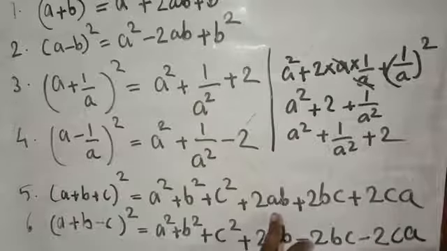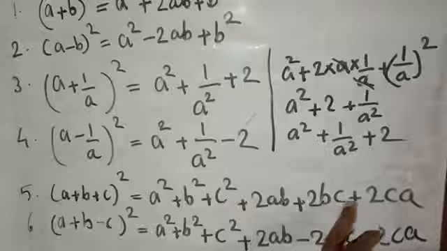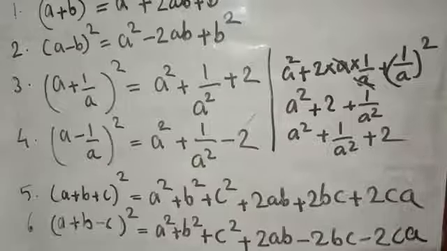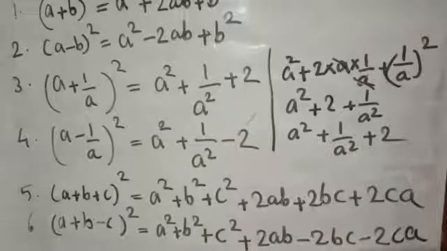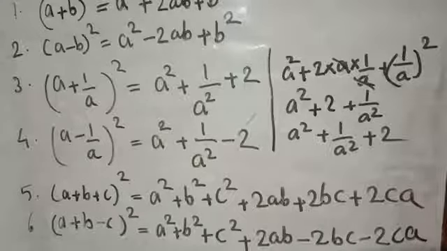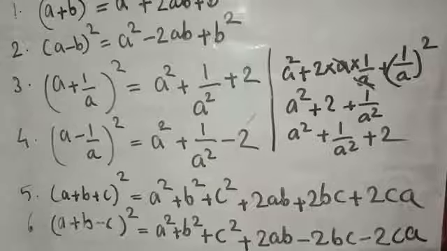First two terms, then second and third terms, then third and first terms. This is the formula, very simple. A plus b plus c the whole square is equal to a square plus b square plus c square plus 2ab plus 2bc plus 2ca.